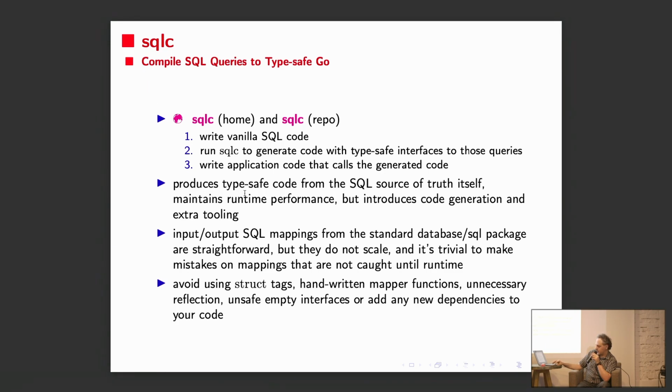It produces type-safe code from the SQL source, and it maintains runtime performance, but it can introduce code generation and extra tooling. The input-output SQL mappings from the standard database/SQL package are straightforward, but they do not scale, and it's trivial to make mistakes in mappings that are not caught until runtime. Big warning sign.